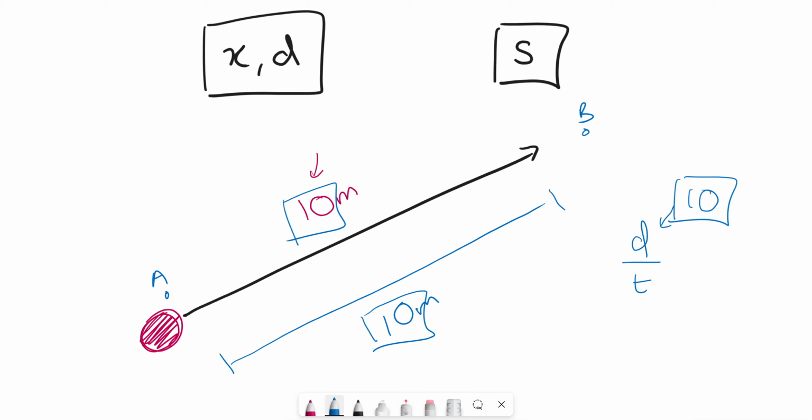So it doesn't matter. So that's why in some cases you will see the symbols get mixed up a bit, but mostly for the IB, this is displacement, and this is distance. Yeah, just make sure you're super clear on that.